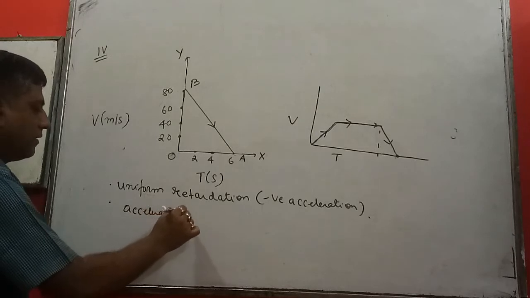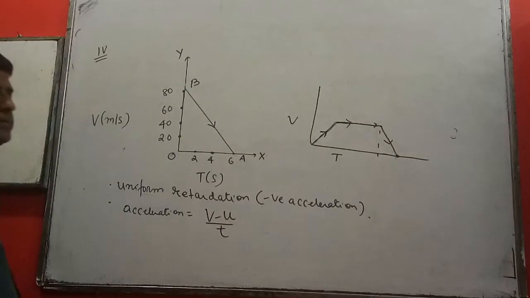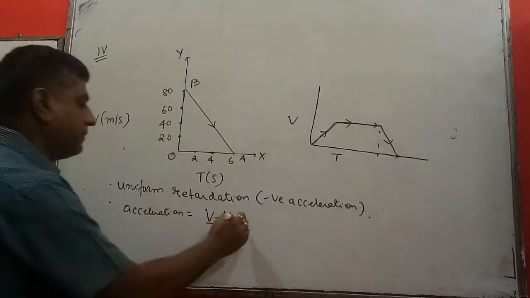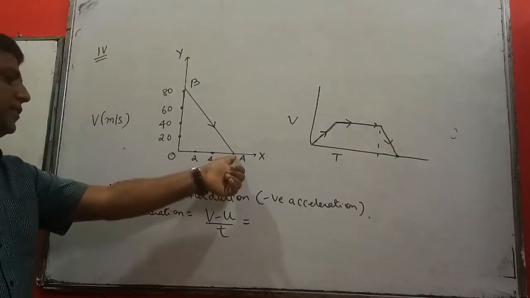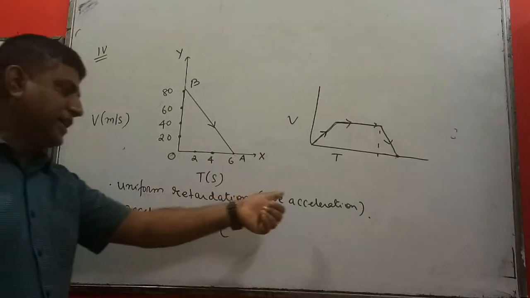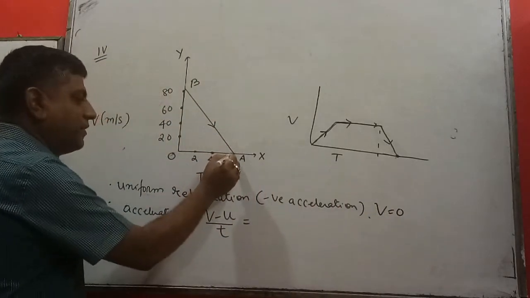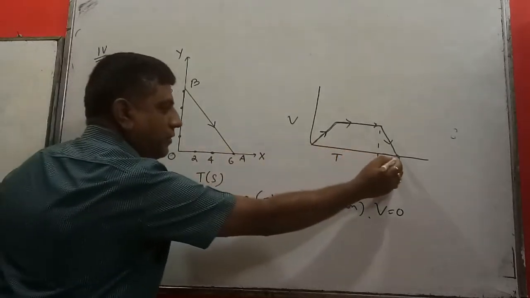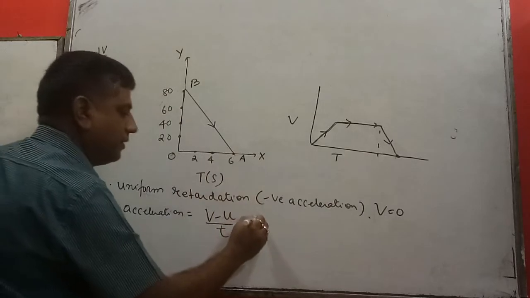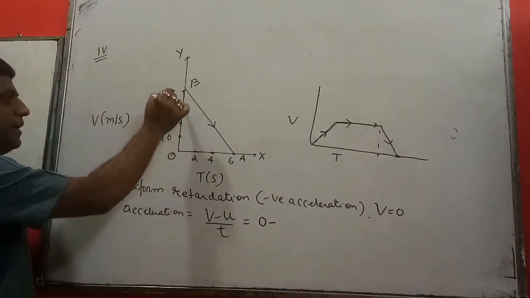Acceleration. Formula is what? v minus u by t. Okay. So what is v? Final velocity is what? 0. Uniform retardation, that is negative acceleration, but final velocity equal to what? 0. See, this is the final. Here you have reached your destination. Final velocity is 0. But starting velocity is what? 80.